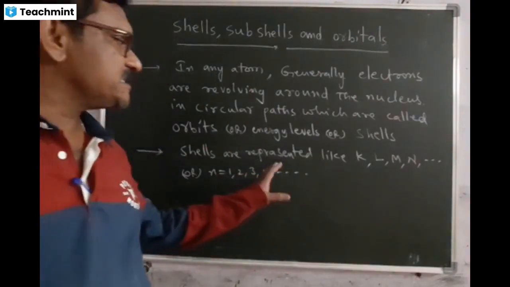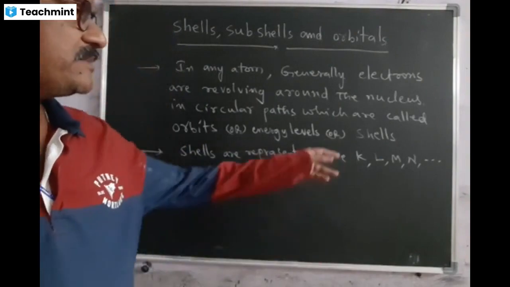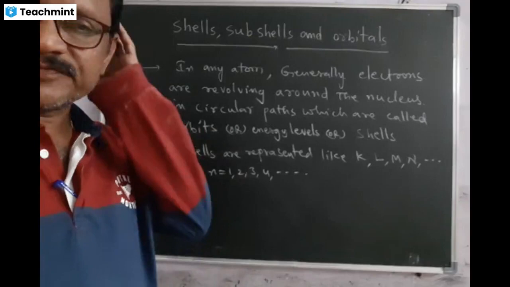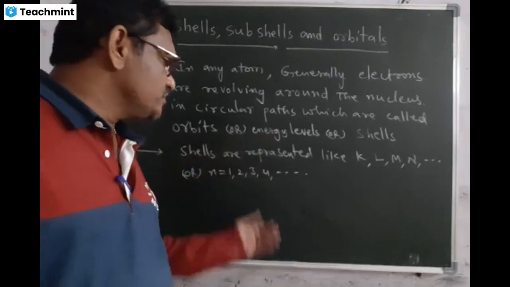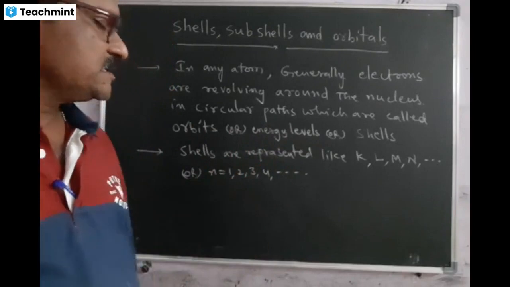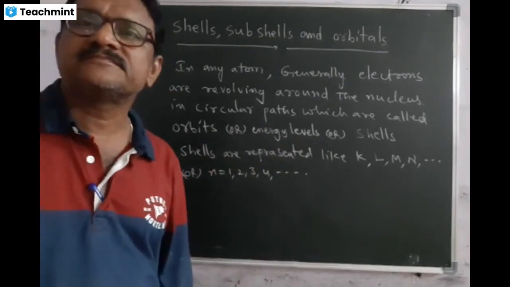So cells are generally represented with English capital letters K, L, M, N, and also 1, 2, 3, 4. Either is right. You can express cells in English letters or in numerical numbers 1, 2, 3, 4.